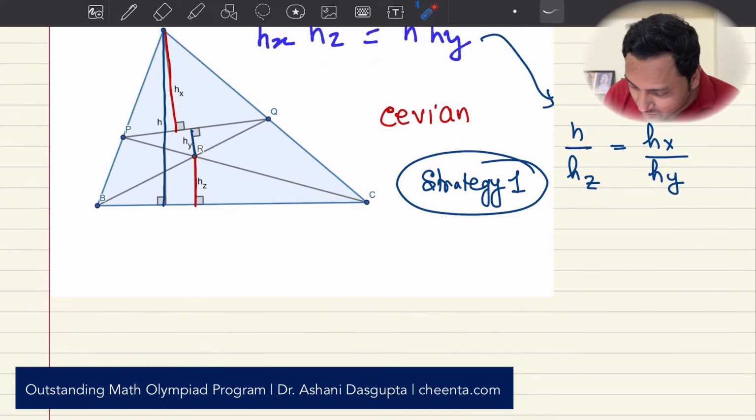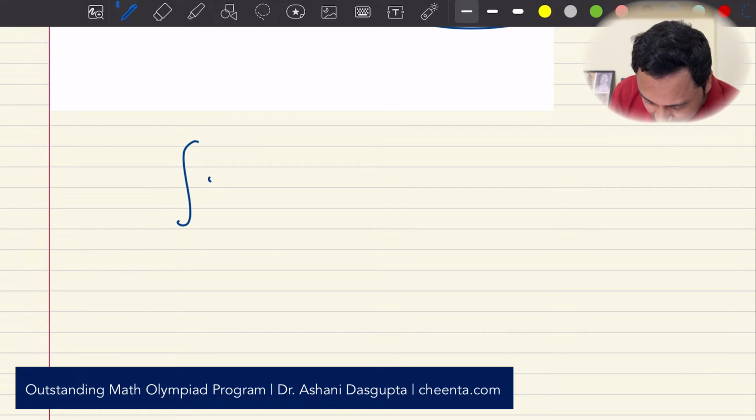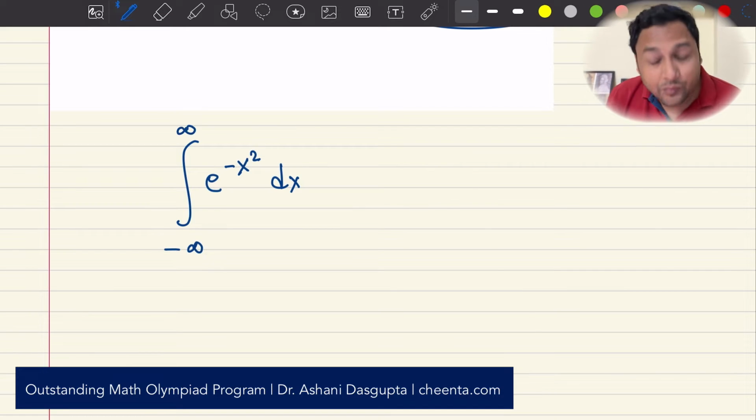I was talking about this integral called the Gaussian integral. One famous way of solving this Gaussian integral is to go one dimension up, and then the formula becomes very easily available. Maybe in some other video I'll talk about it more.